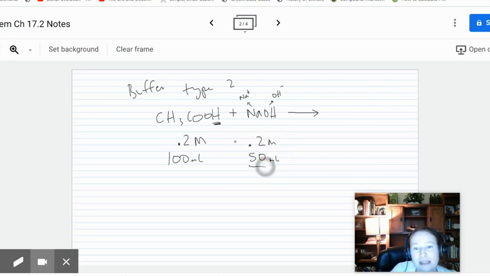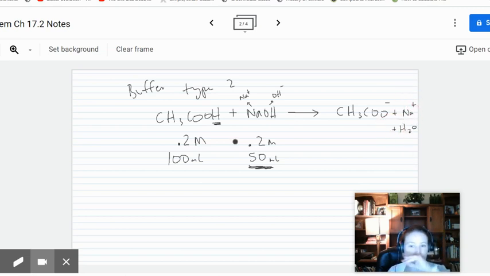So I'm getting rid of half of it. So that half is going to take away the OH, and I will end up with a certain amount of CH3COO minus, and then water, because of the H plus and the OH minus that's going to form, and the Na plus that's floating around, Na plus H2O.